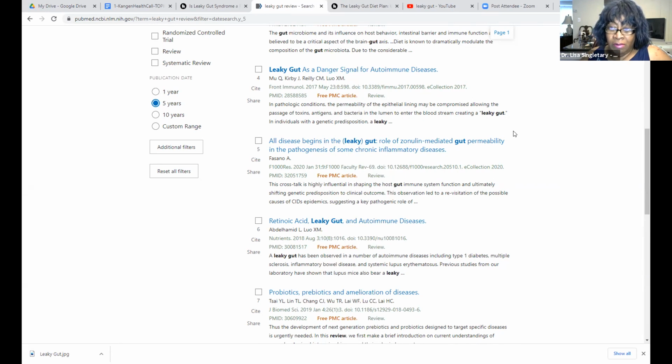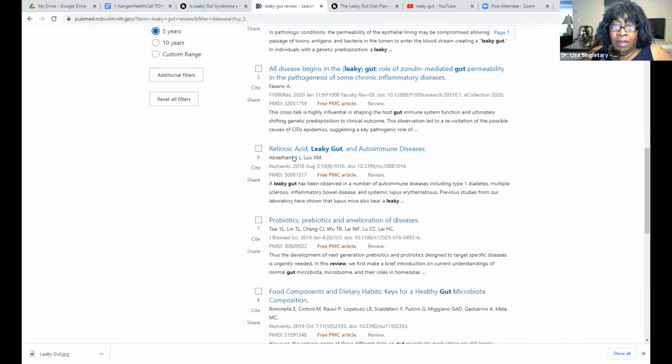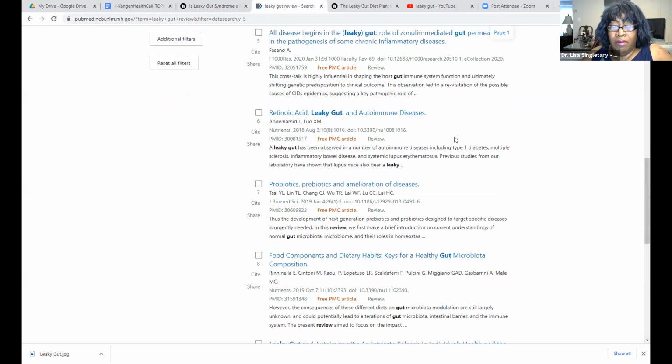Well, that is a leaky gut entering the bacteria, but then creating a chronic inflammatory response. Check out this one. All disease begins in the parenthesis, leaky, close parenthesis, gut. And it's talking about chronic inflammatory diseases.